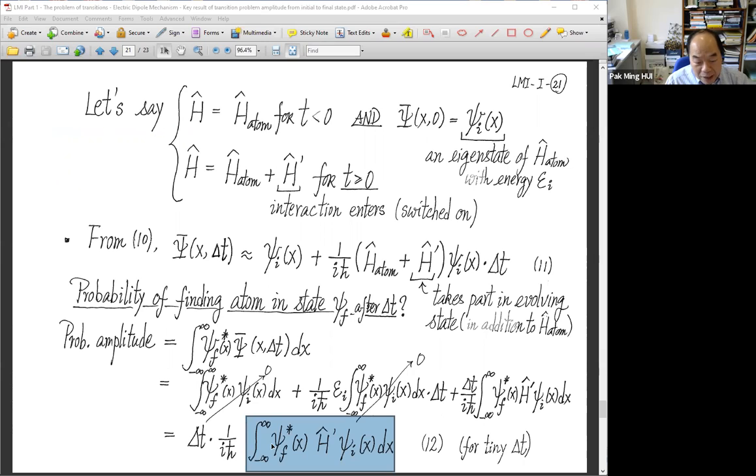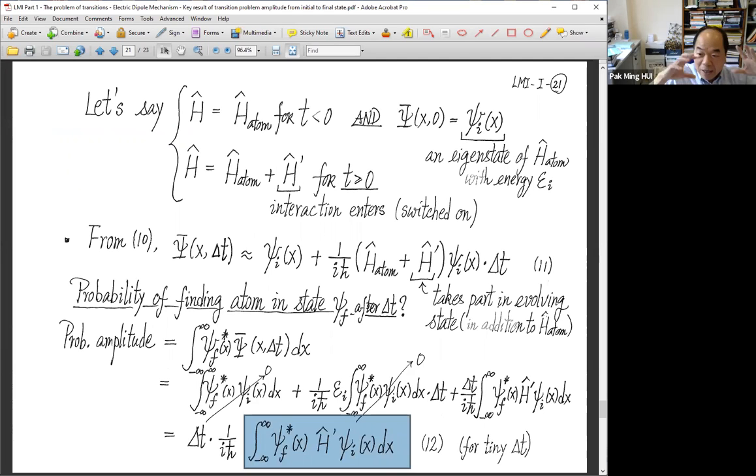The point now is that even with that simple idea, for an initial state, you must use the perturbation to take it out to somewhere else. Then you can look for the probability of finding the atom in some other final states, and it is governed by an integral like this.